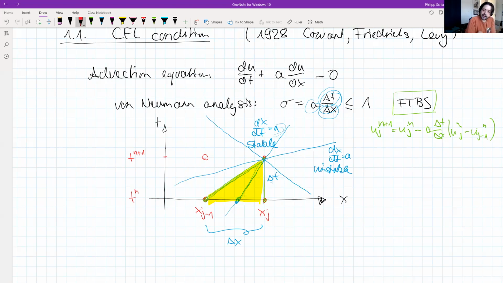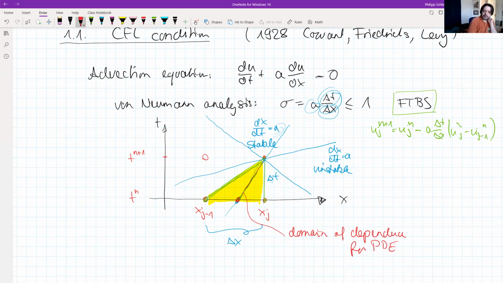It turns out that the characteristic, in this particular case just a line, defines the domain of dependence for the exact solution. The domain of dependence is: you just follow the characteristic backwards. And then you know, okay, from the previous time, you need to take this value and transport it to the future. So that's the domain of dependence for the partial differential equation.